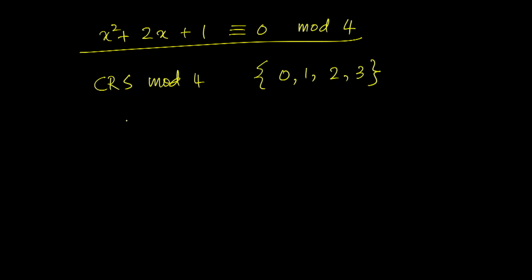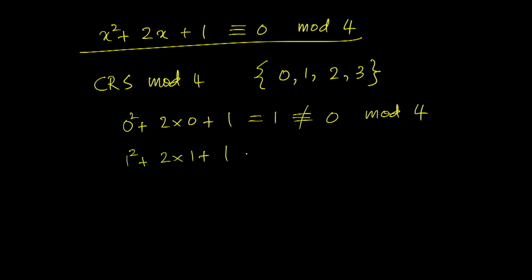When x equals 0, we have 0 squared plus 2 into 0 plus 1, which is 1. This is not congruent to 0 mod 4. So, 0 is not a solution. If you put 1 here, we have 1 squared plus 2 into 1 plus 1, which is 1 plus 2 plus 1, which is 4, that is 0 mod 4, which means 1 is a solution.